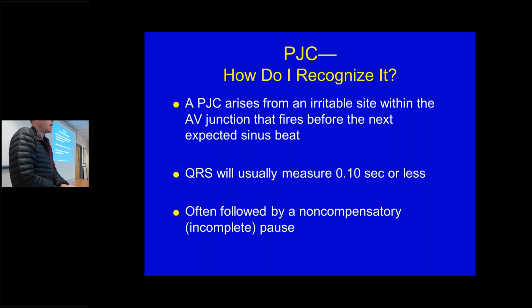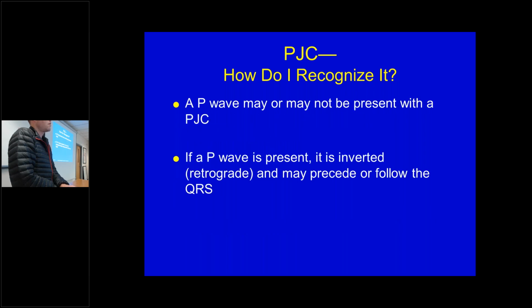And often there's that non-compensatory pause, just like with the PAC. All right, so the PJC, it looks like, Trevor, your thinking is correct. It can precede or follow the QRS, either.